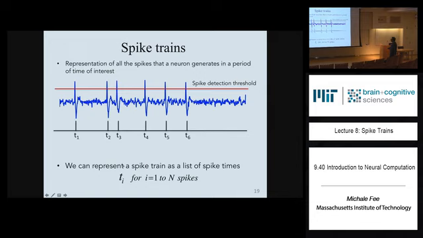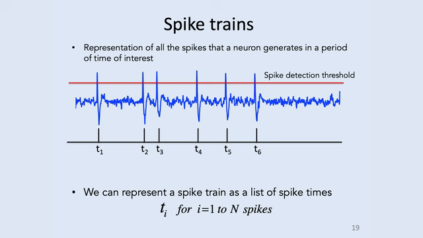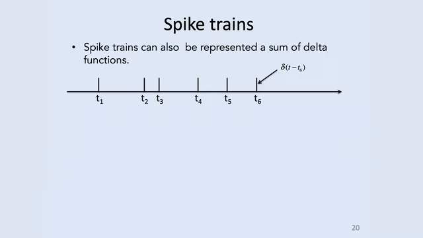So we can now represent the spike train as a list of spike times. So we're going to represent this as a variable t with an index i, where i goes from 1 to n.